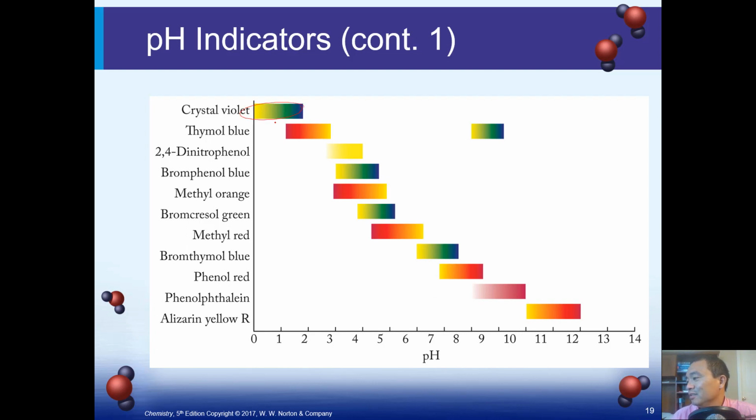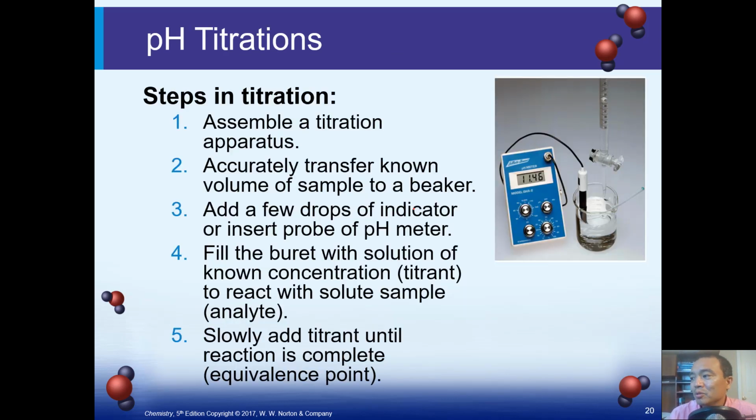As you can see, they change from yellow to blue, red to yellow, or yellow to green, etc. pH indicators can be used to indicate if the reaction is close to completion or not. For example, pH indicators can be used for acid-base titrations, or sometimes we call this pH titrations.